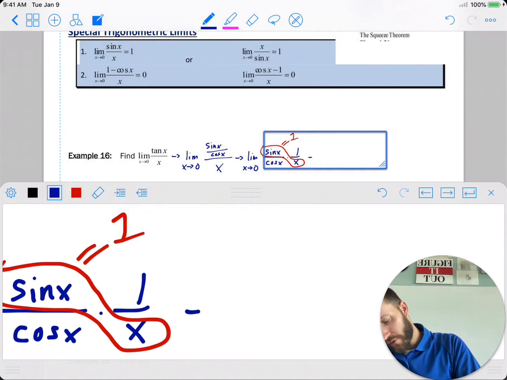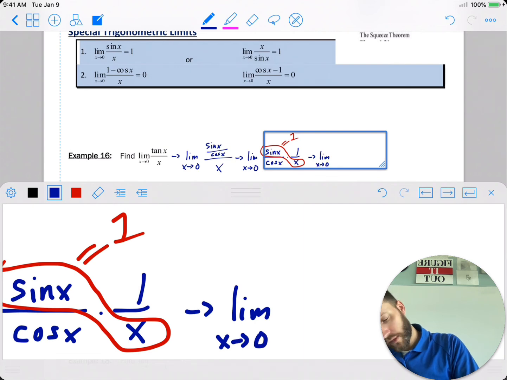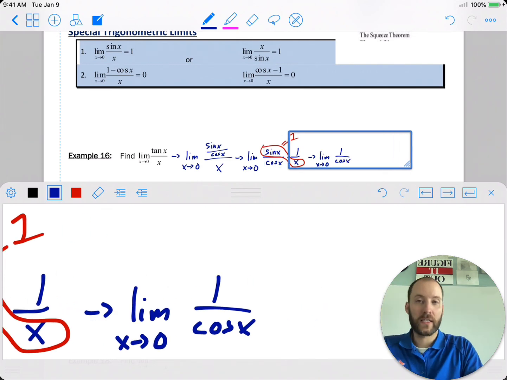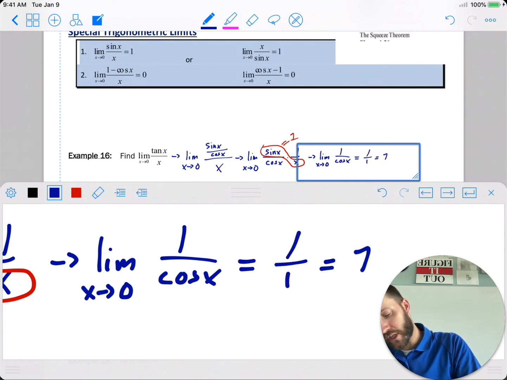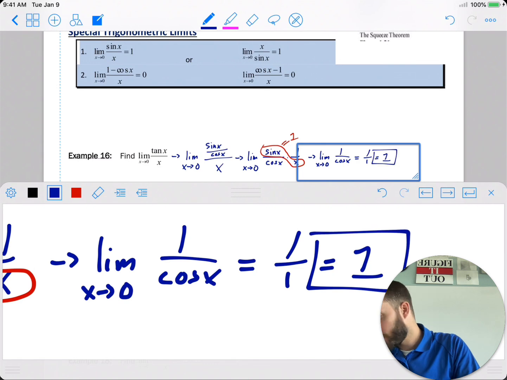So we have the limit as x approaches 0 of 1 over cosine of x. Direct substitution, cosine of 0 is 1, so we have 1 over 1, which is more commonly known as 1.